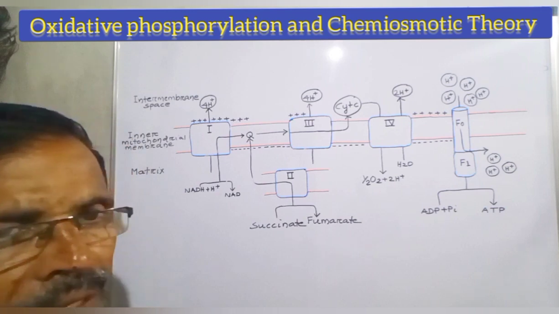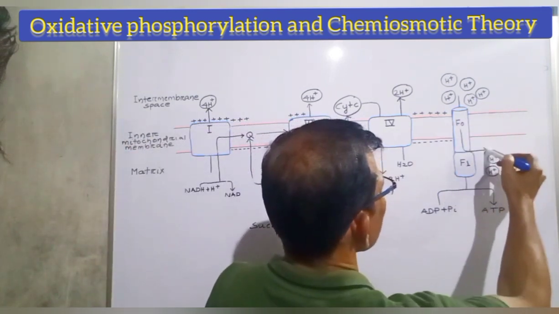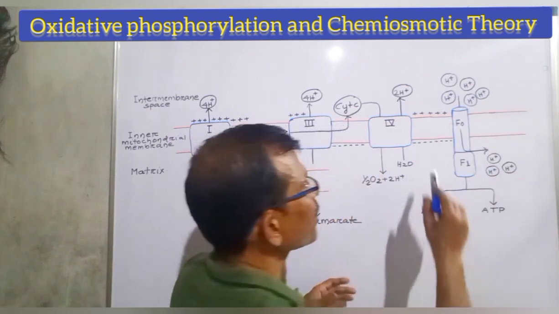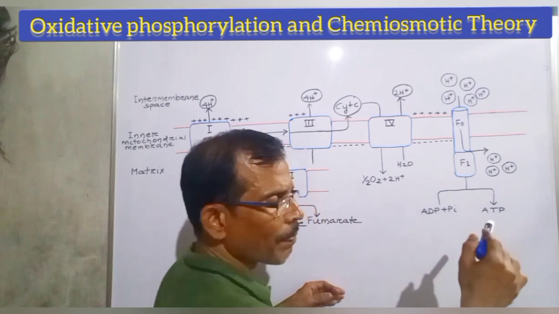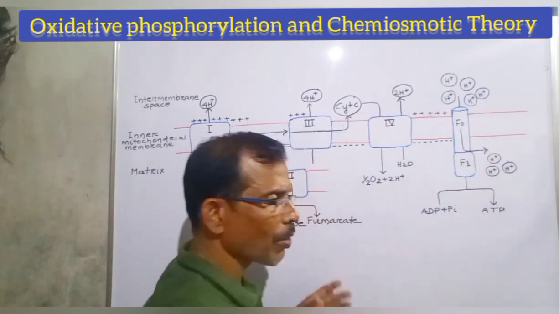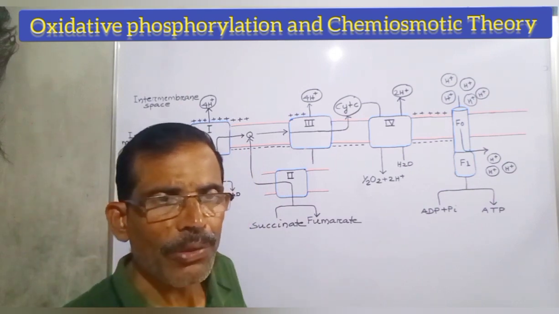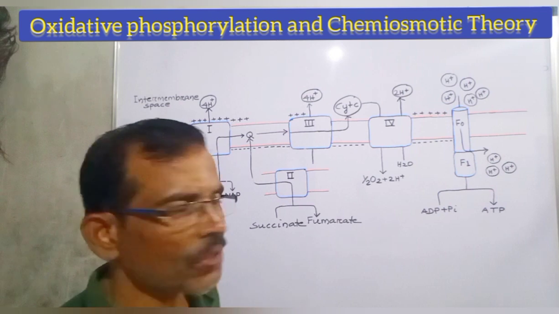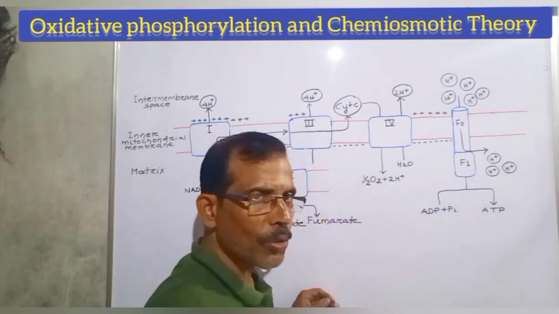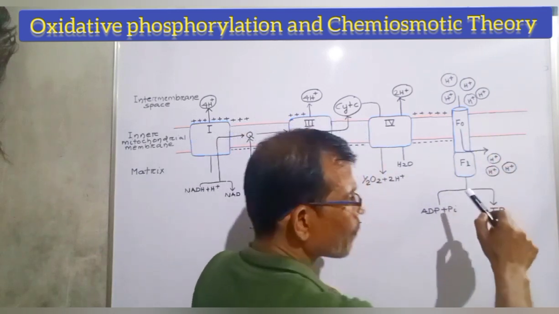In addition, another enzyme called FO-F1 complex or ATP synthase is also found in the inner mitochondrial membrane. This enzyme, which is composed of several subunits, drives the synthesis of ATP by utilizing the proton motive force. FO-F1 complex is composed of 2 main components, FO and F1.